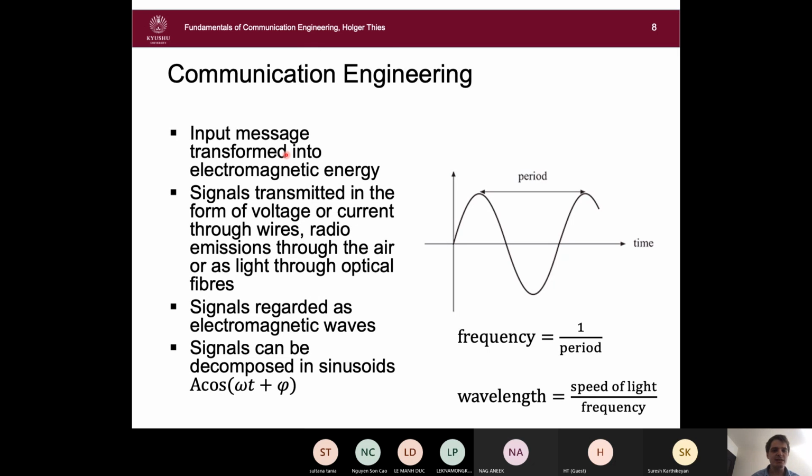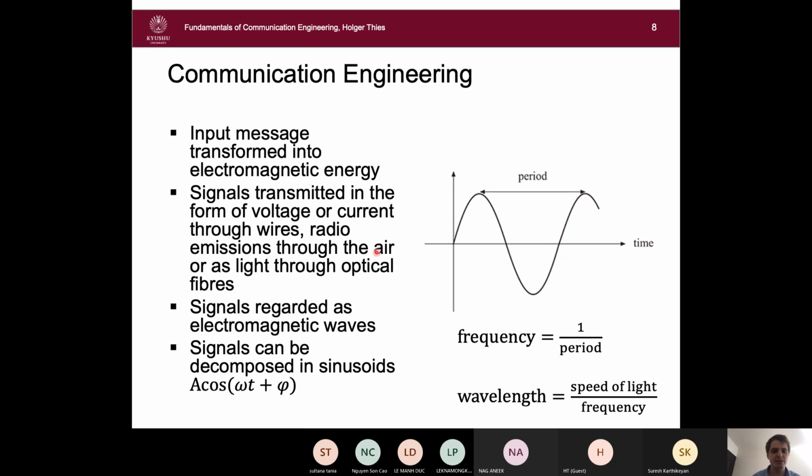So in our case, the input message is always transformed into electromagnetic energy, and signals are transmitted in the form of voltage or current through wires, radio emissions through the air, or as light through optical fibers.